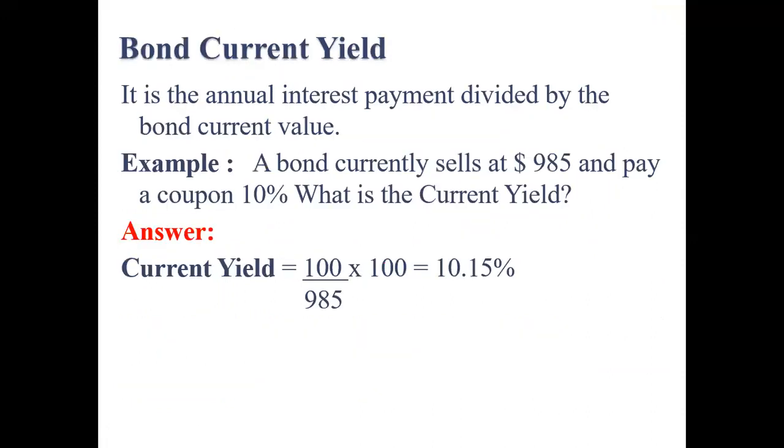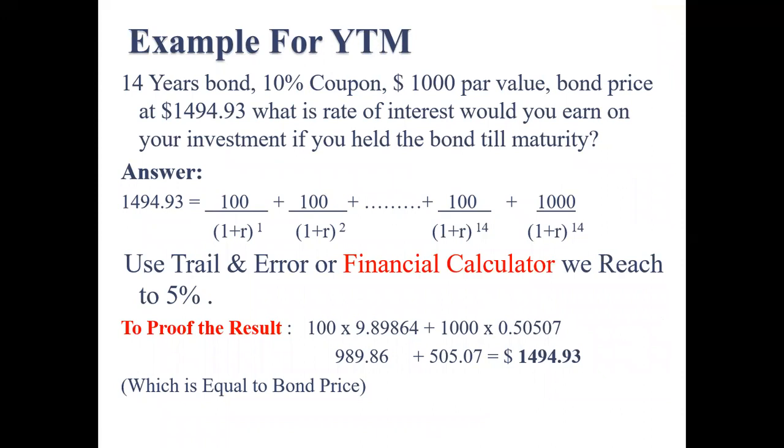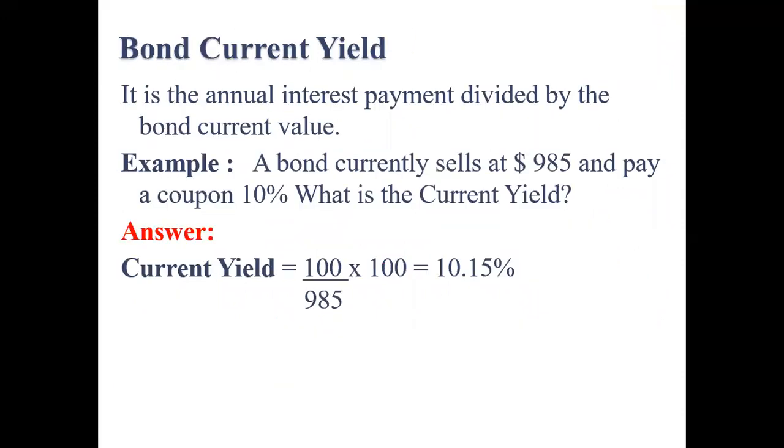What is the bond current yield? We did the yield to maturity, we did the bond valuation, and finally, what is the bond current yield? The bond current yield is the annual interest payment divided by the bond's current value. Let's say, for example, I'm going to sell a bond with a face value of 1,000 at 985, and the coupon rate is 10%.